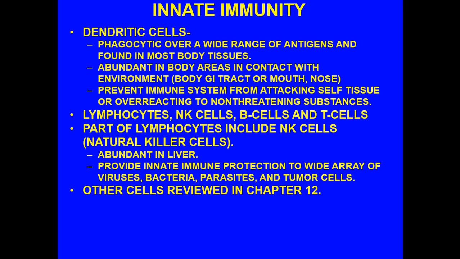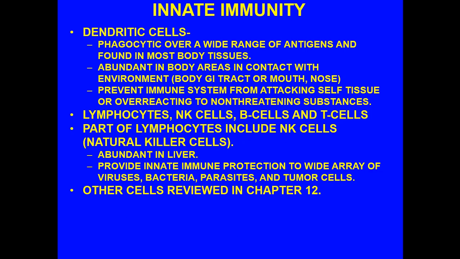Dendritic cells, as I mentioned, are abundant in body areas in contact with the environment, the gastrointestinal tract, the nose, or the mouth. They go after a wide range of antigens, and they're found in most of the body tissues. They prevent the immune system from attacking its own tissue, and they also help prevent overreaction to non-threatening substances.